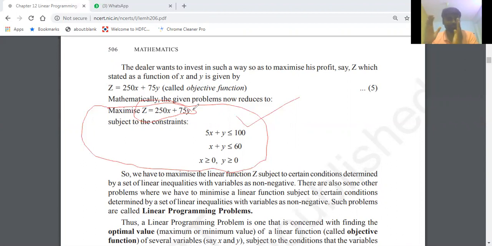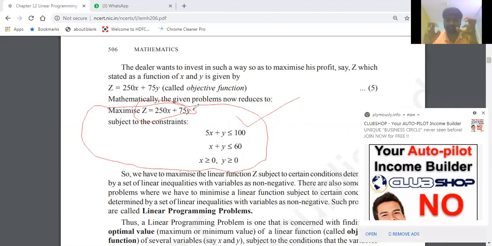So these many things only I can purchase. This much amount only I can spend. These many items only I can introduce. These many units of vitamin only I can mix in this food, like that. Those limitations which are given in the question can all be written in the form of inequalities, which are known as constraints.